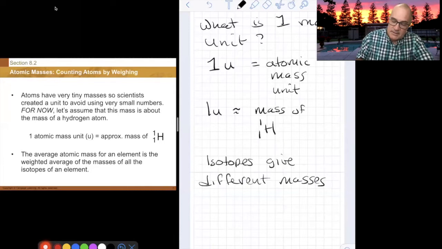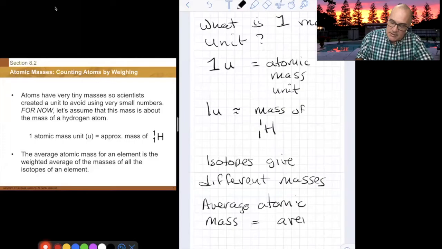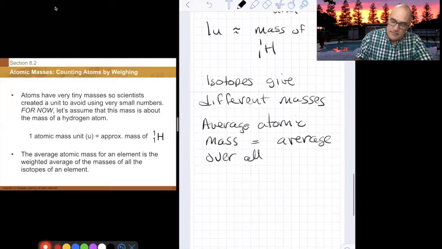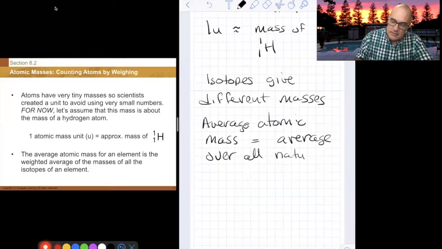Isotopes give different masses, and we'll say that the average atomic mass is the average over all naturally occurring isotopes.